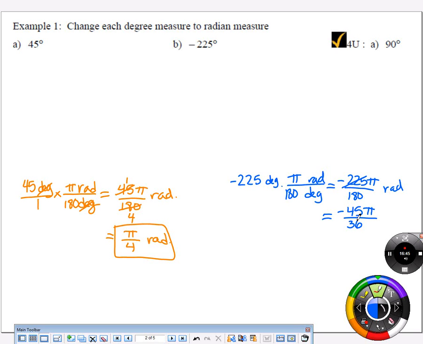Okay. Then I know that 45 and 36 both have a common factor of 9. So 9 goes into 45 5 times and into 36 4 times. So my most reduced answer should be negative 5 pi over 4 radians. Any questions on converting degrees into radians?